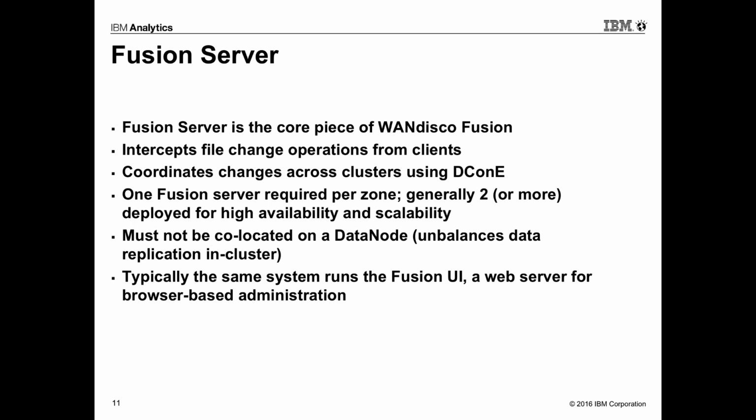One note of caution here is that we don't want to deploy Fusion server on a data node because it can potentially cause unbalanced data in the cluster. This system also runs the Fusion UI, which is the web interface for administrating BigReplicate.